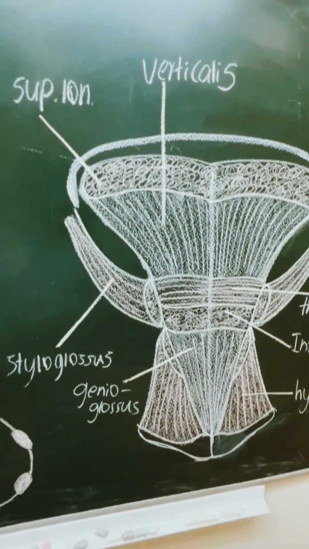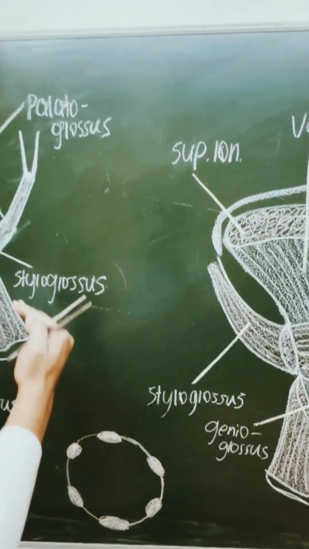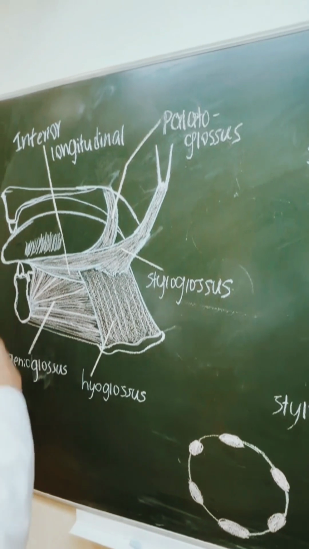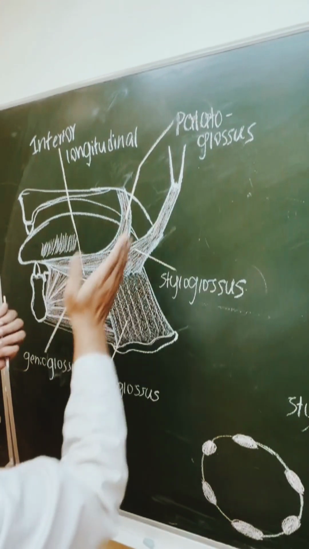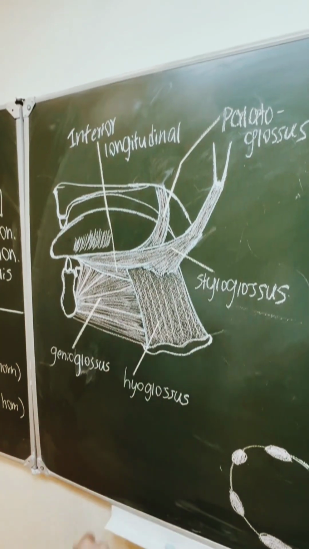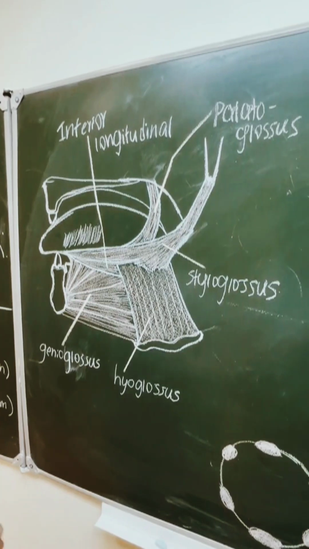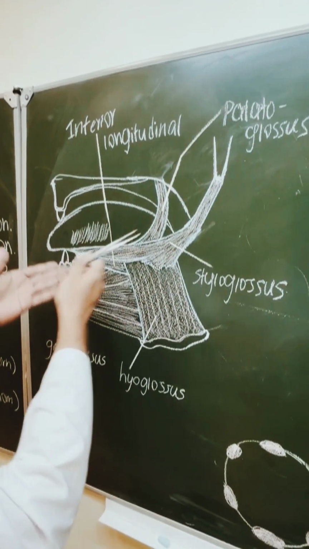These muscles, as you can see, have fibers almost parallel to the direction of the tongue. When these muscles contract, the force is coming like this. Styloglossus, I said, comes from the styloid process to the tongue.